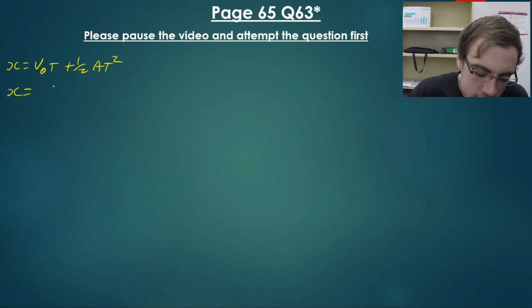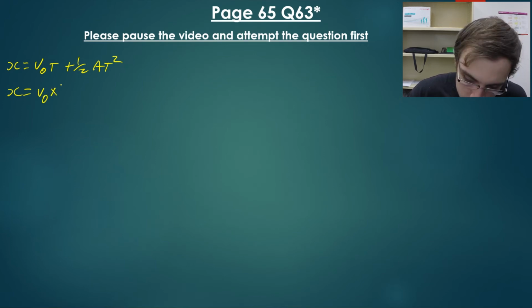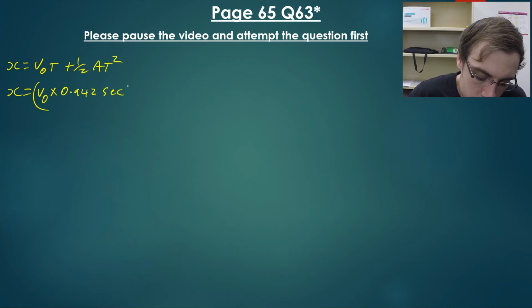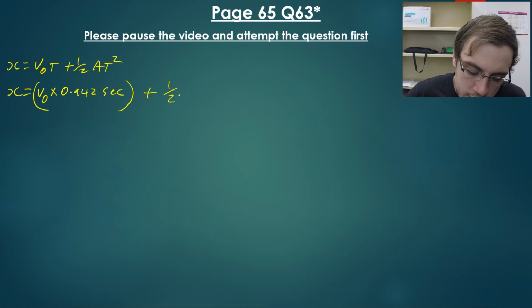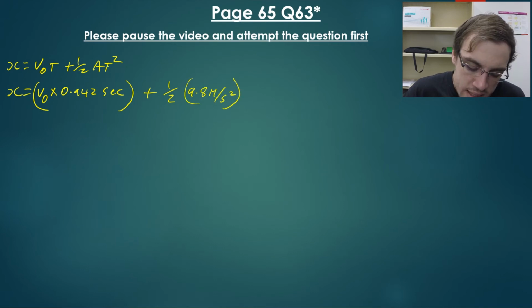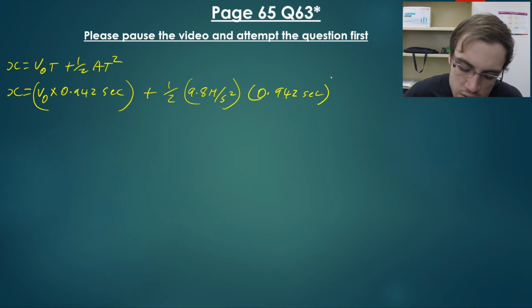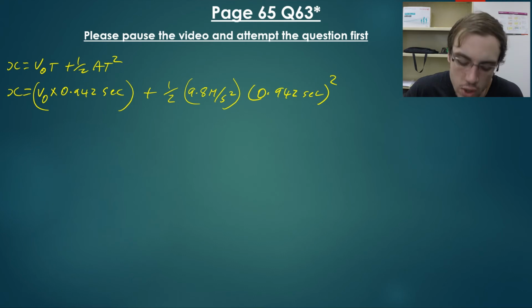So it's going to be v0 multiplied by 0.942 seconds plus 1/2 acceleration. The acceleration is 9.8 and t squared. So our time is going to be 0.942 seconds squared. Now is when we start to rearrange and solve.